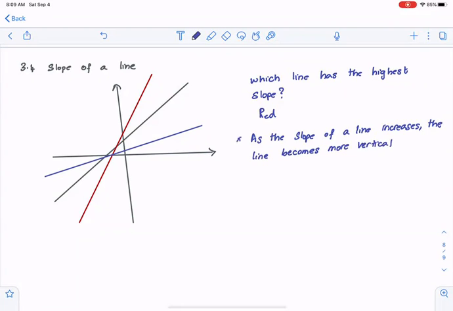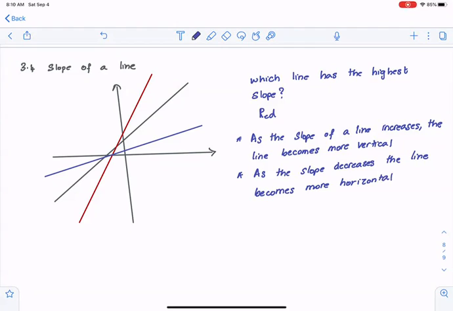In a similar manner, as the slope decreases, the line would become more and more horizontal.